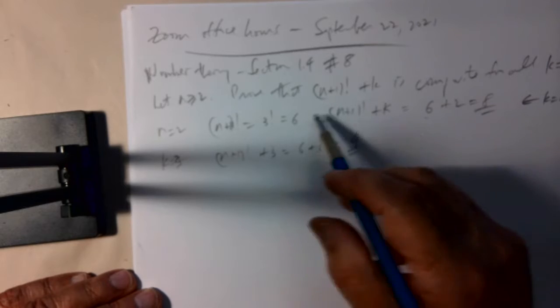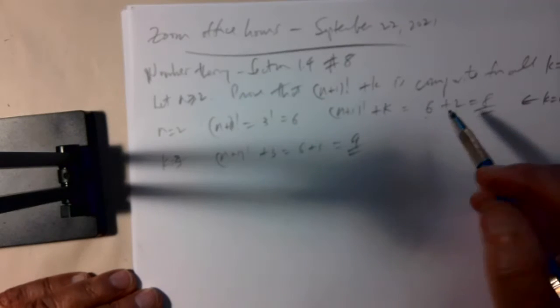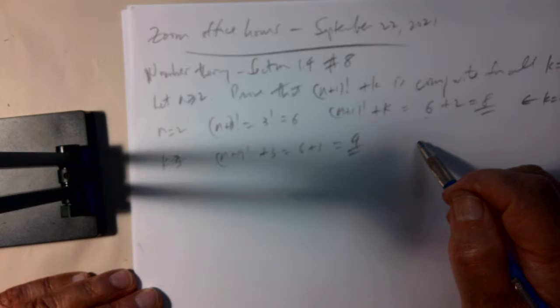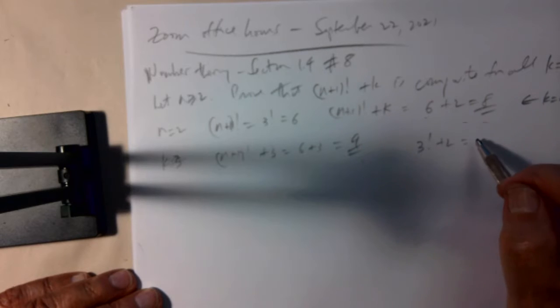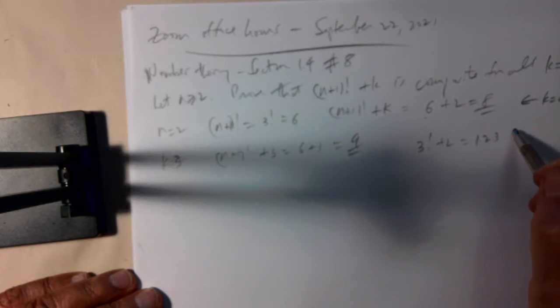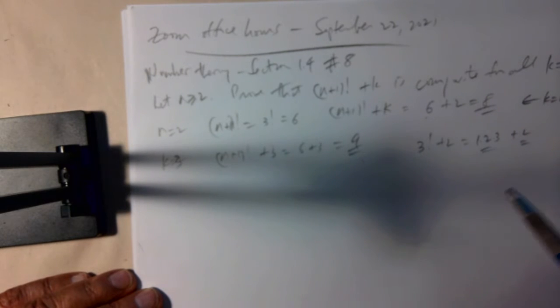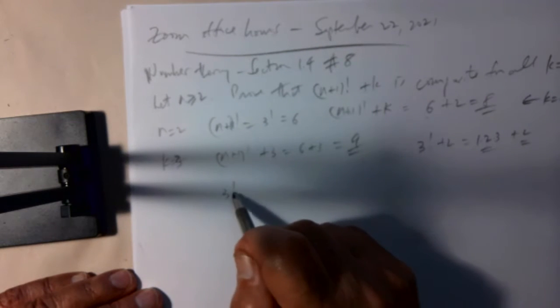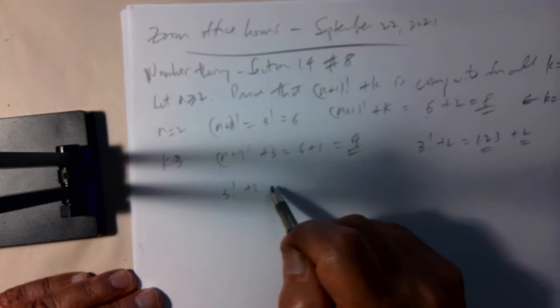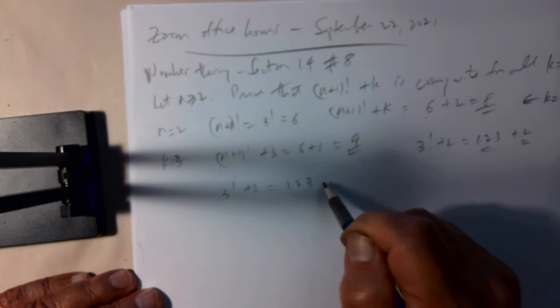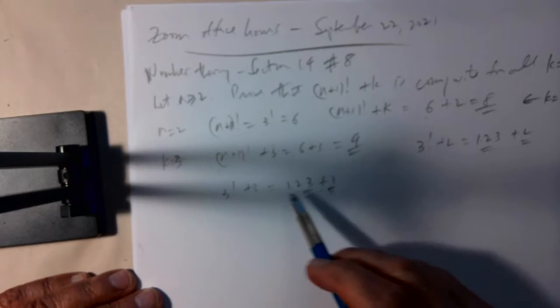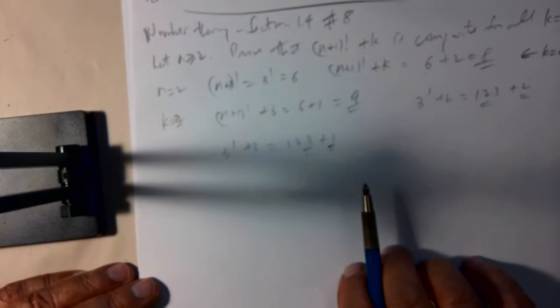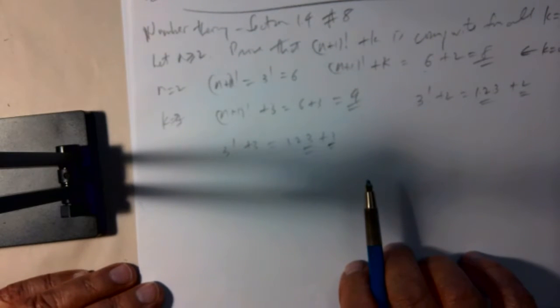In fact, if you look at these more carefully, where I have 3! + 2, 3 factorial is 1 times 2 times 3, plus 2, and this is clearly divisible by 2. And when I have 3! + 3, which is 1 times 2 times 3 plus 3, each of these is divisible by 3, so the sum is.